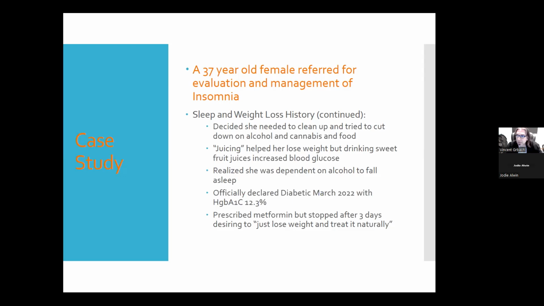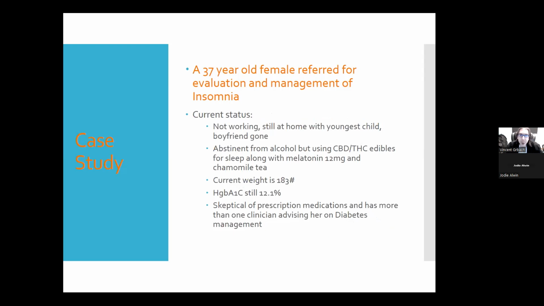She was started on metformin and then self-discontinued that, just said she wanted to try to lose weight again. So the current status at the time of her first visit with me was that she was not working. She was still at home with her youngest child, and her boyfriend had left her. She was abstinent from alcohol at that point, but she was using THC/CBD gummies along with a large dose of melatonin and chamomile tea in order to try to help herself to sleep.